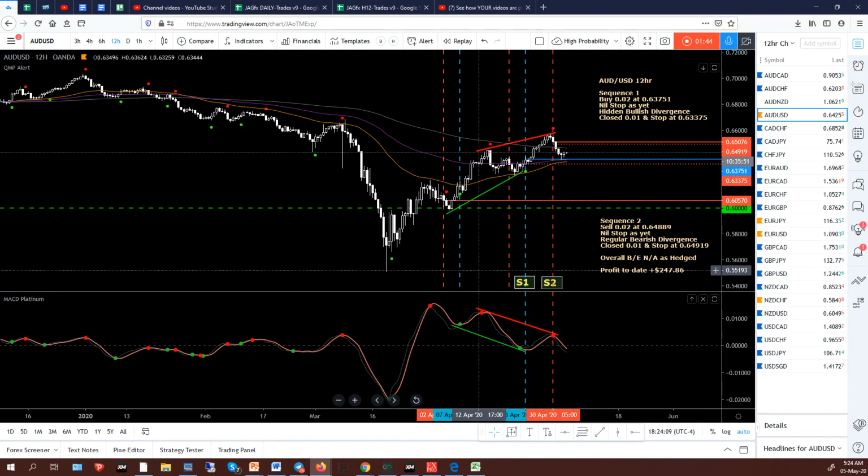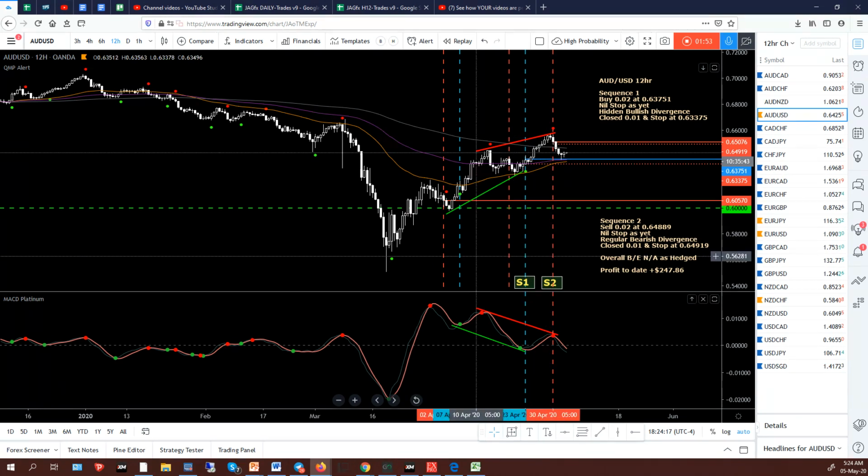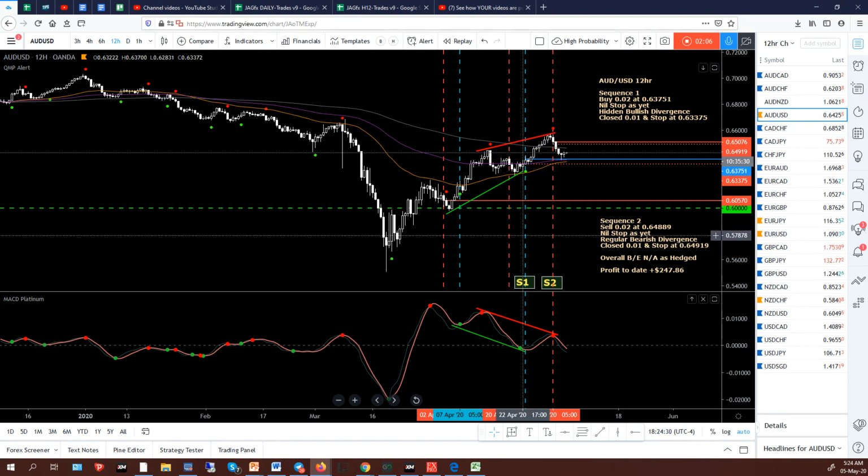what I've done, sequence 1 was actually here, a sell, buy, sell, buy, sell. I've closed basically all those trades. Hang on a sec, let me just reconfirm that. Closed sequence 1 completely. Right, yeah, sorry, my apologies.